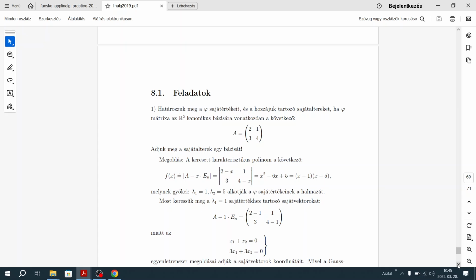Okay, we have two eigenvalues. You are familiar with this, you can recall this. This is okay, that's nice.